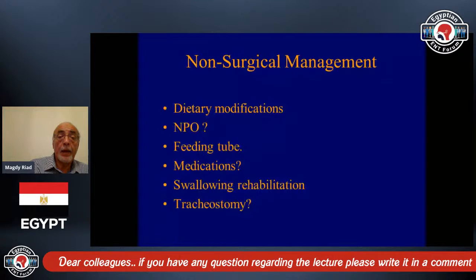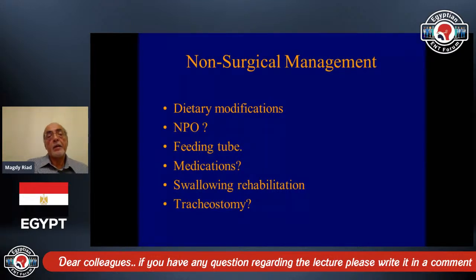The main thing about the non-surgical management is rehabilitation of the swallowing, and we'll go through 10 different things that you can use to rehabilitate this patient. And it usually gives a good response. I mean, most of the patients who have dysphagia would be treated by this. You only have to operate on patients who fail this or patients who have a life-threatening aspiration.